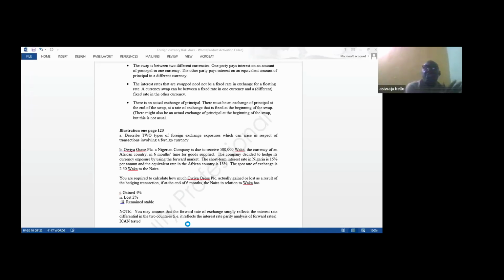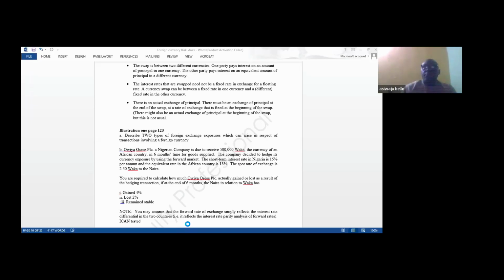We now look at currency appreciation or currency depreciation. What is currency appreciation? Currency appreciation is a situation where the number of units of domestic currency needed to buy 1 unit of foreign currency falls.